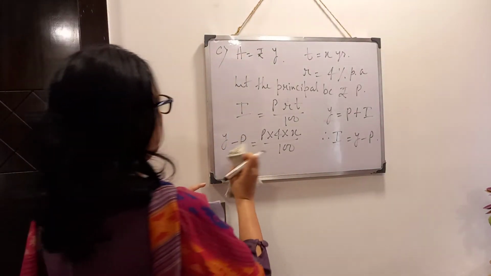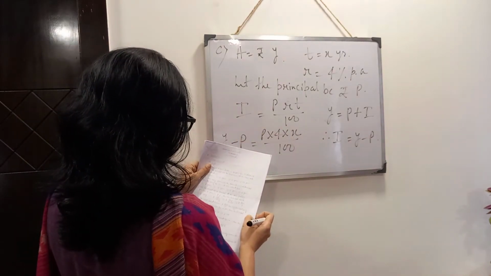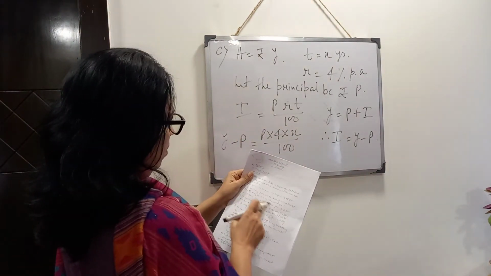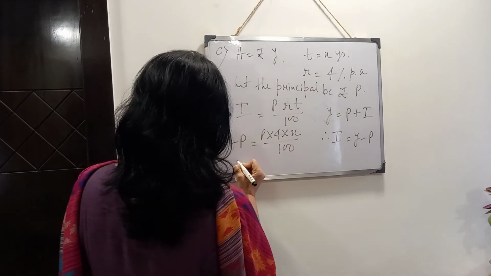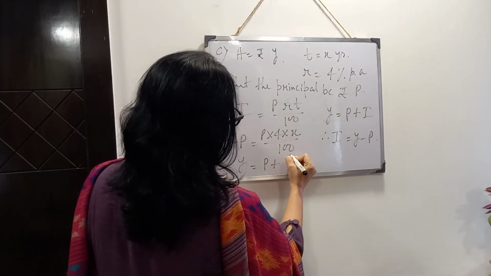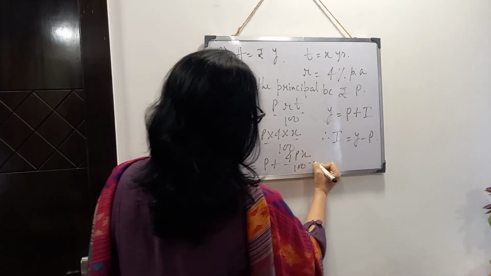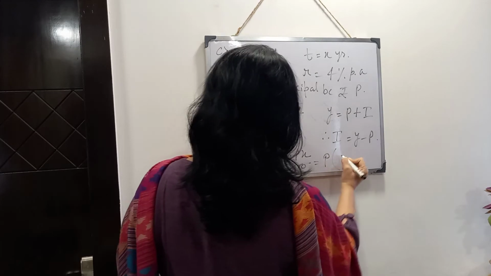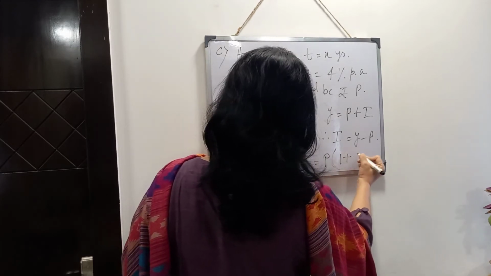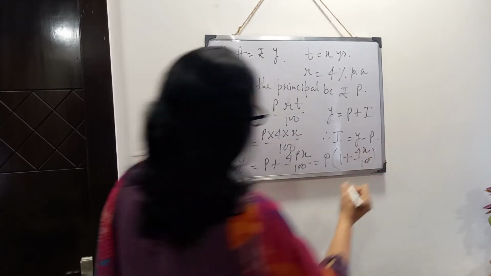Okay. Then P will take one side as we have to calculate the principal. So P we are taking on one side. So P plus 4Px by 100. From here you take P common, then it is becoming 1 plus 4x by 100.